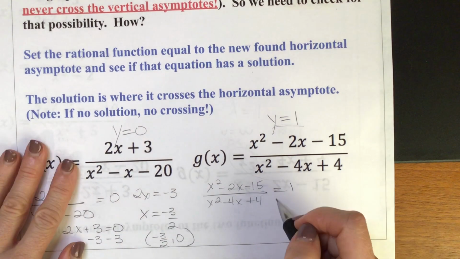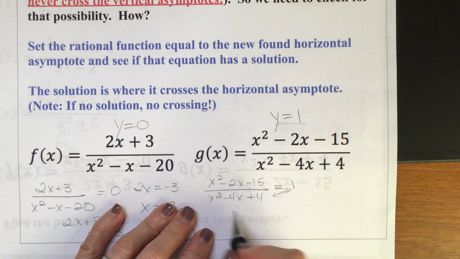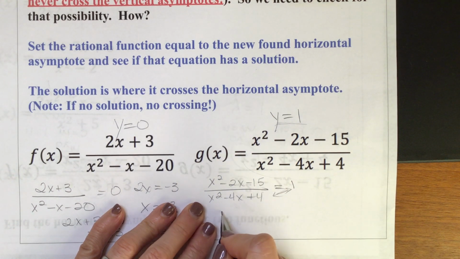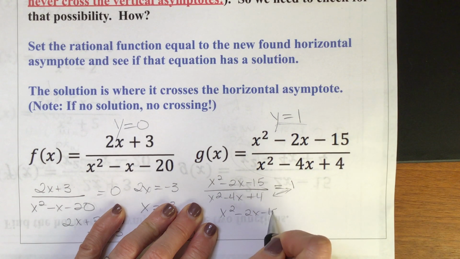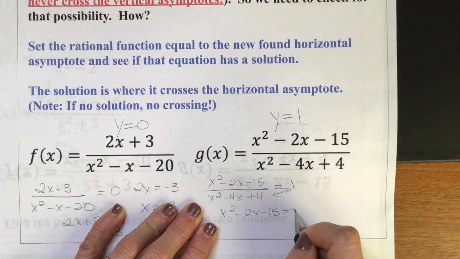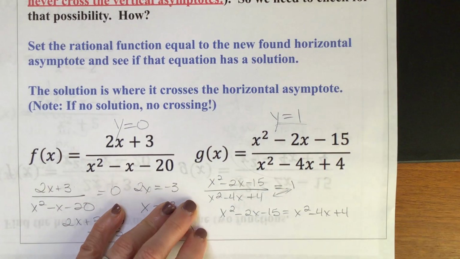And so if I cross multiply here, or multiply both sides by this whole denominator, I'm going to get x squared minus 2x minus 15 equals x squared minus 4x plus 4.